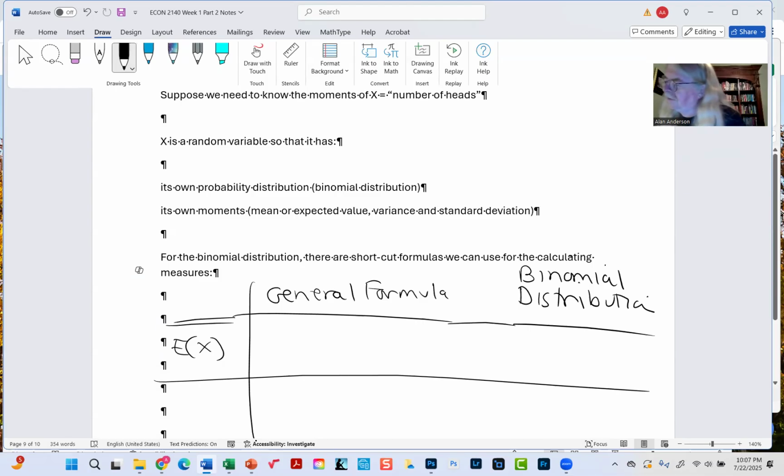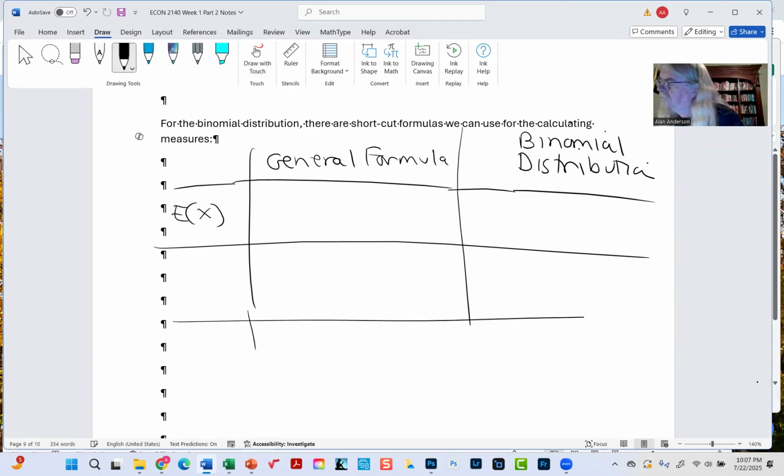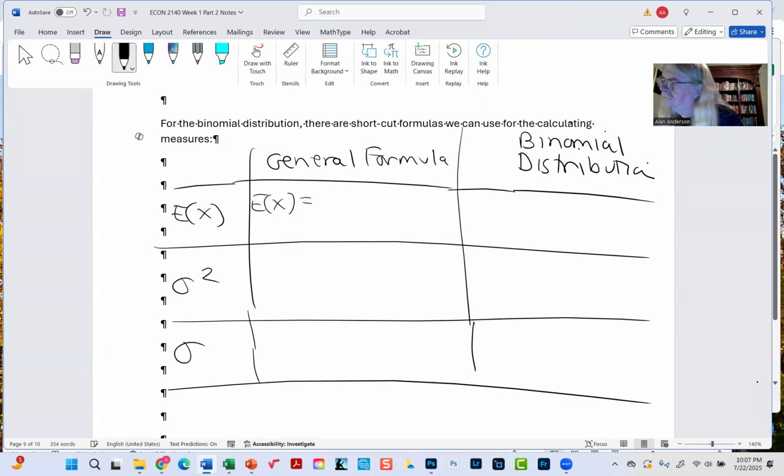All right, so let's do this. Remember, we had to go through all the x's and multiply them by their probabilities.